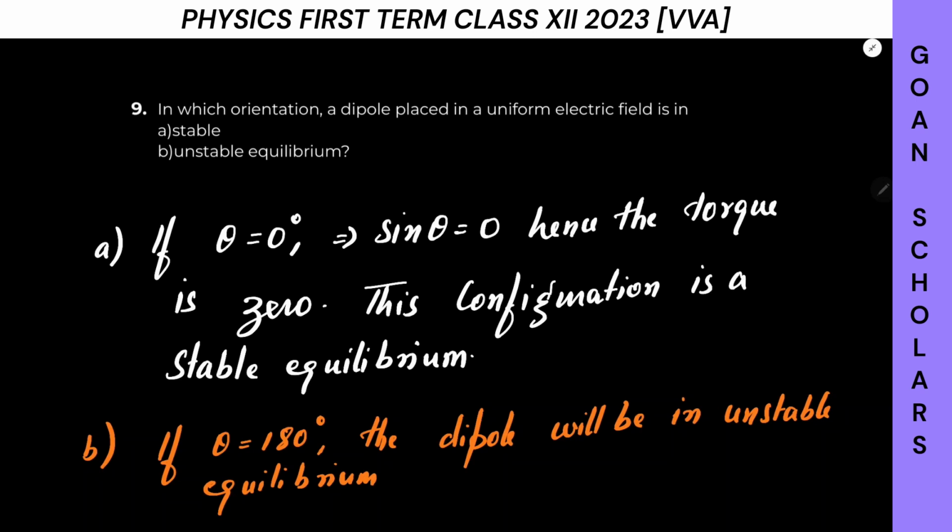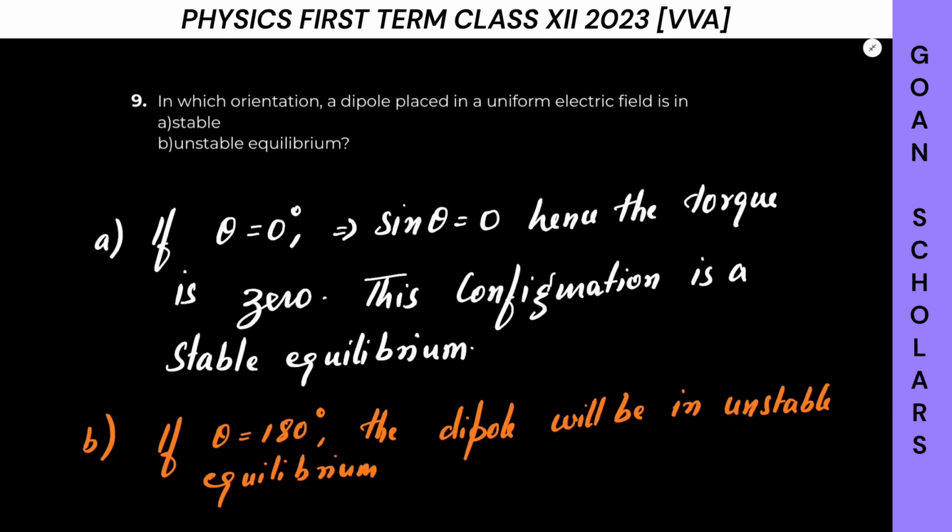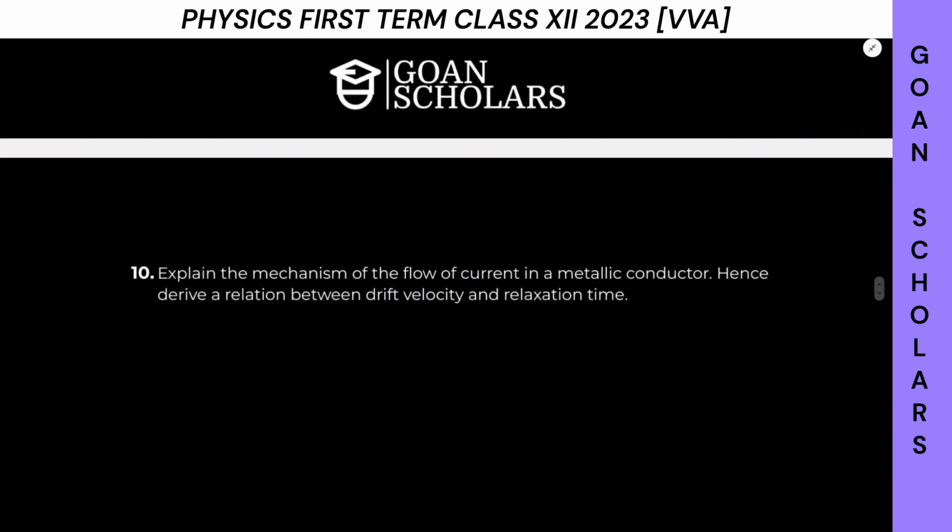So this is our answer, because in this case the dipole is aligned anti-parallel to the electric field. So this is our unstable equilibrium. Let's move to question number 10.